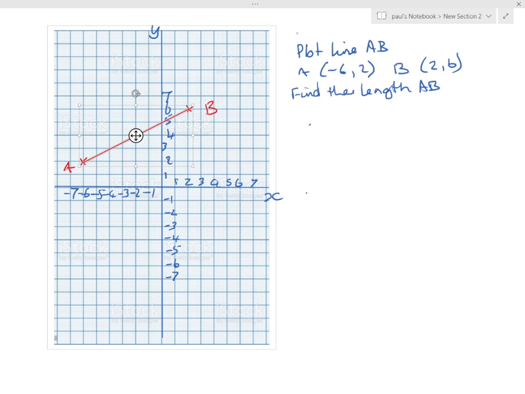Now, they will always say something like 1 square equals 1 centimetre, and they'll never draw this exactly on the exam. So this square is a centimetre. So no good measuring, yeah? No good measuring. What we're going to do is find out the length of this line by using Pythagoras.